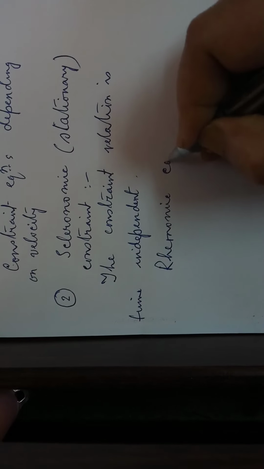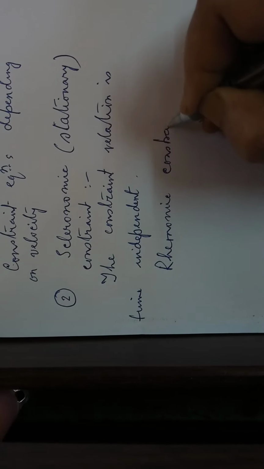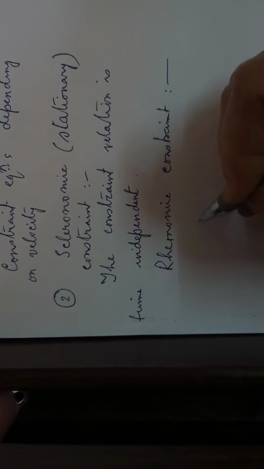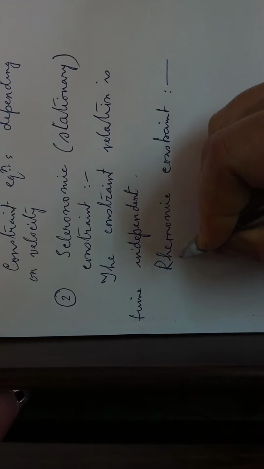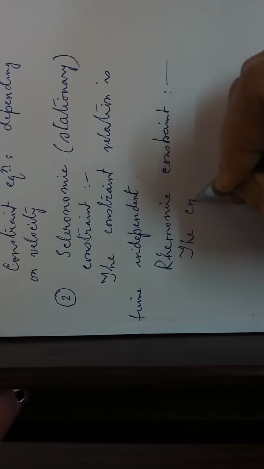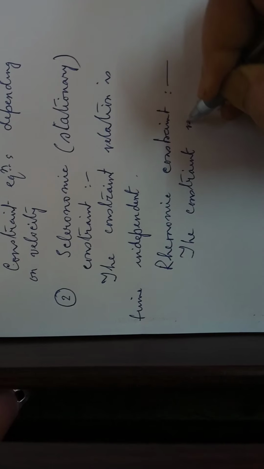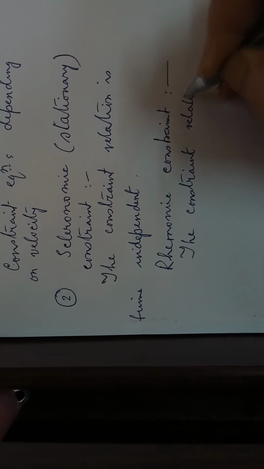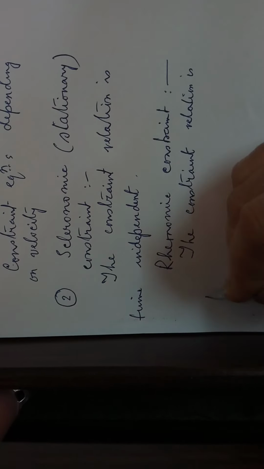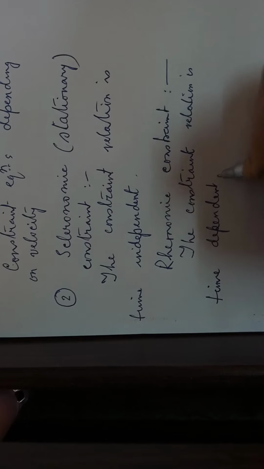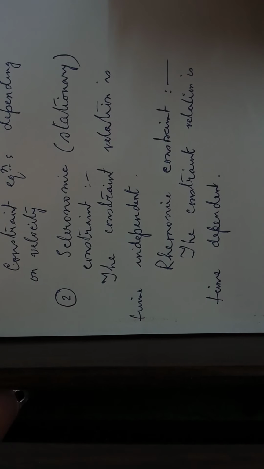Unlike the scleronomic constraint, what does a rheonomic constraint tell us? The constraint relation is time dependent. So these are the four major constraints.